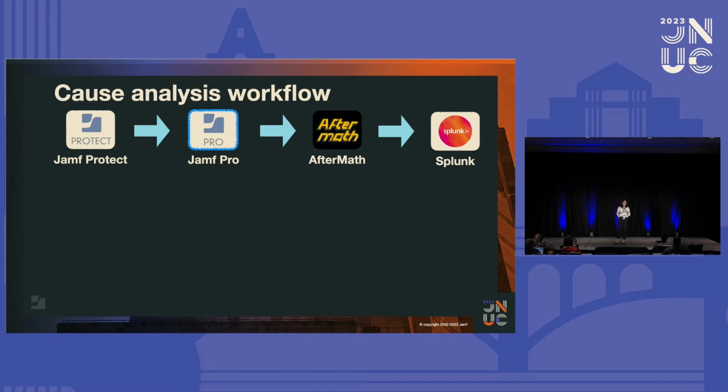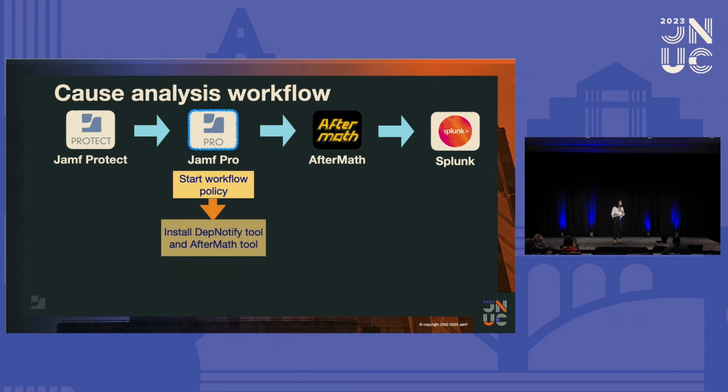From here, the workflow policy will begin to run remediation for the breach, stopping the attack or malware by using the policy or configuration profile combined with network isolation. During this time, both Aftermath and DepNotify tools will be installed on the affected device if they were not prior to the incident.